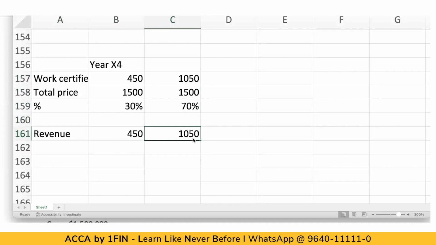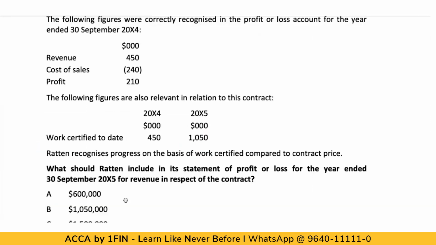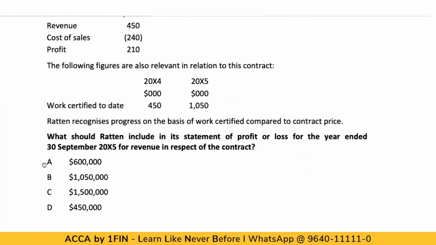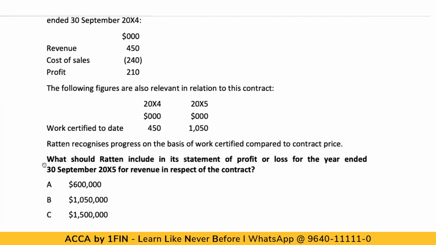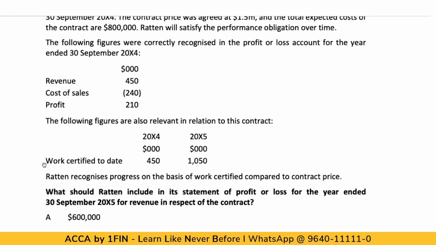So, one thing we can conclude is, if it is based on work certified, the amount of work certified can be considered to be your revenue. But this is cumulative. Revenue to be recognized should be 1050 minus 450, 600 for the second period. So for 30th September, revenue to be recognized is 600. See, a simple 2-minute calculation and you can score 2 out of 2 marks in the question.